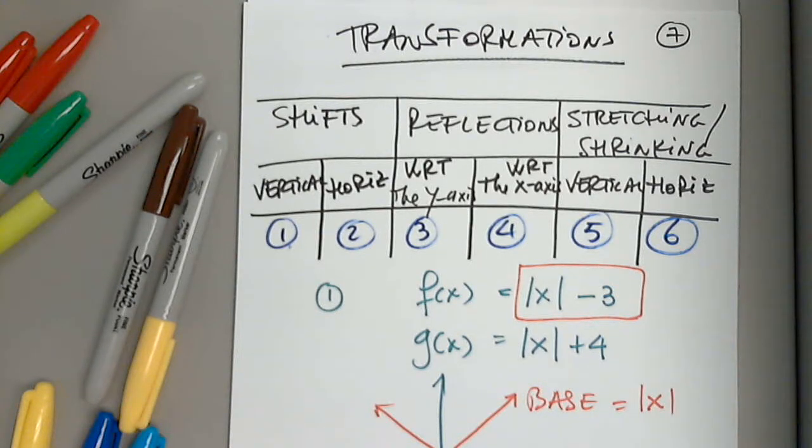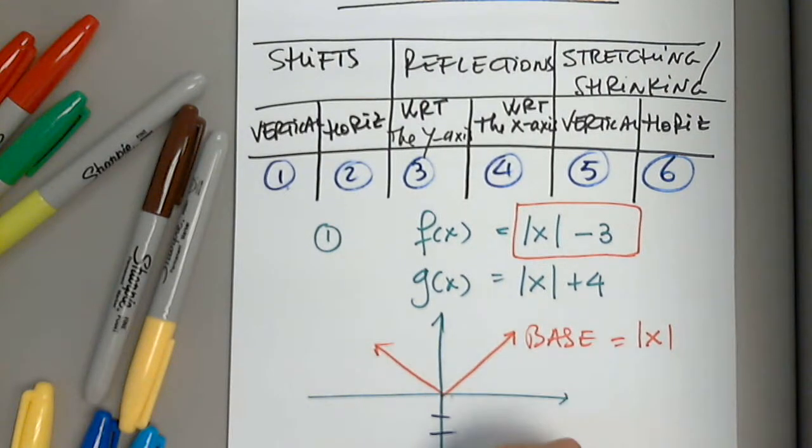So that's the reason why this graph moves down 3 units. So this has to be parallel to this 3 units lower, and parallel to that 3 units lower. So let's do that together. So 1, 2, 3. This point moves here.